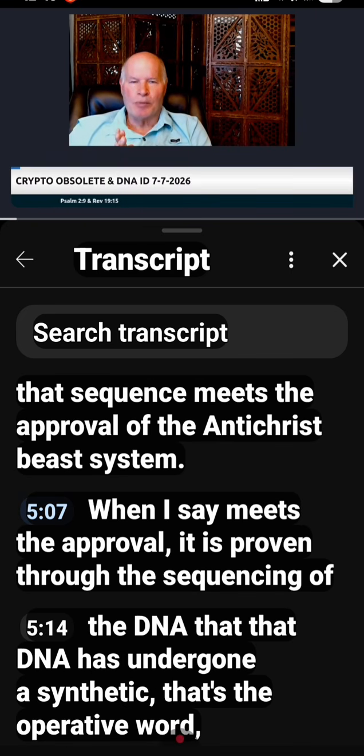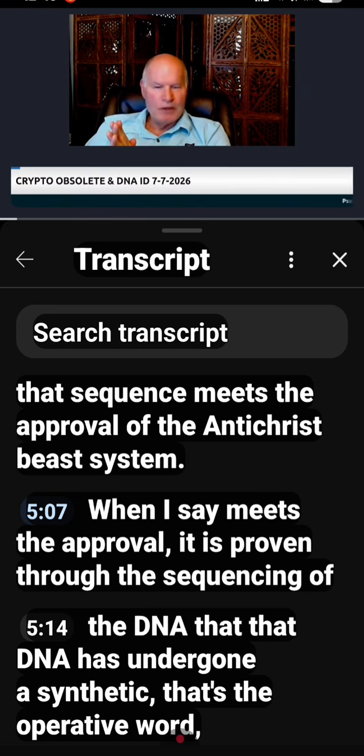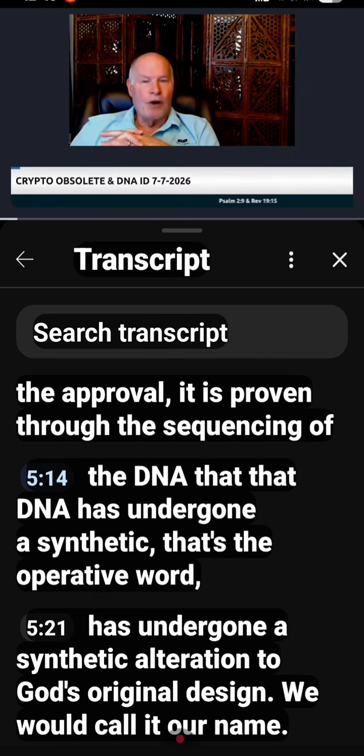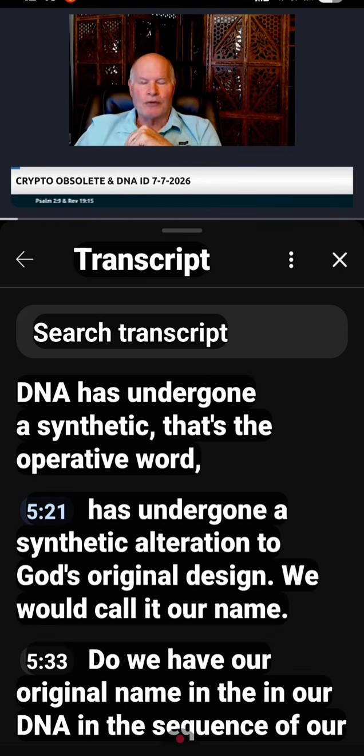When I say meets the approval, it is proven through the sequencing of the DNA that that DNA has undergone a synthetic, that's the operative word, has undergone a synthetic alteration to God's original design.